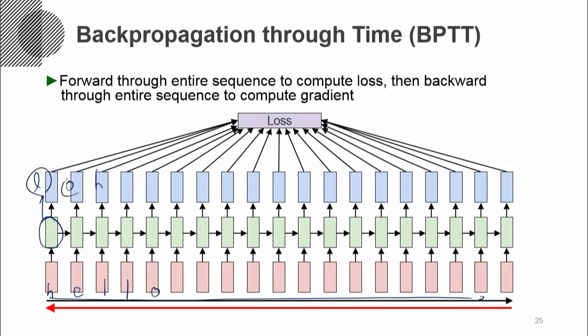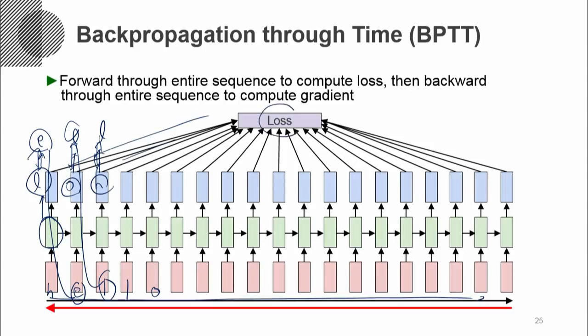But these outputs should be E, L, L and so on, which are the correct next characters. And then from the differences between these, the errors will be generated, and these errors will be backpropagated to train our neural network parameters. So altogether, the loss is computed at each time step where we compare the generated output and also the target output.